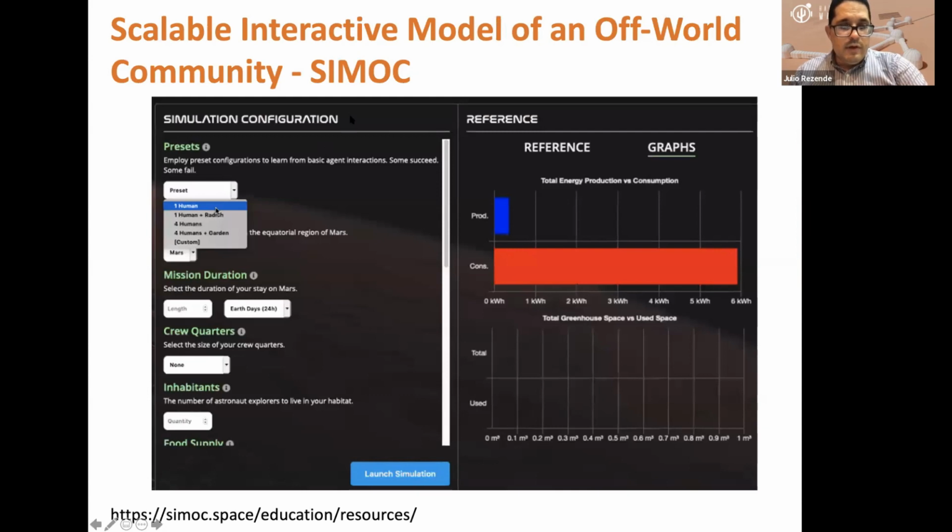The CMOC is very interesting because it's possible to configure different sizes of the setup of a greenhouse in terms of how many humans will be in the station, also the duration of the mission, also the crew quarters, and other elements.